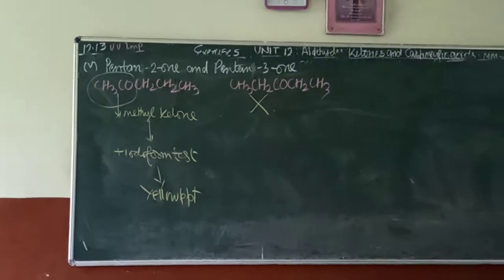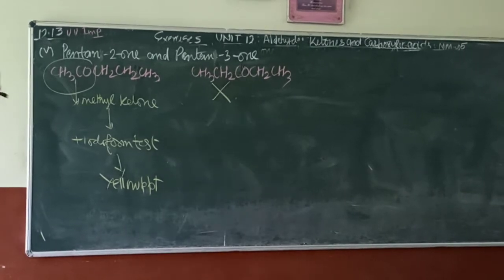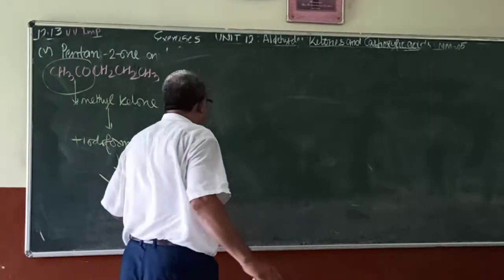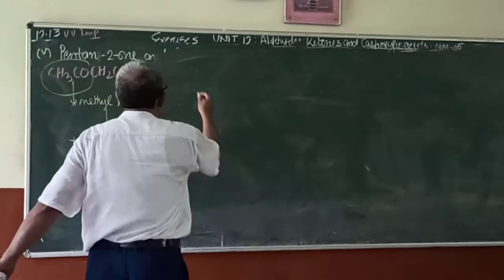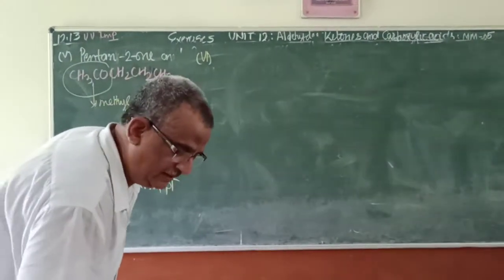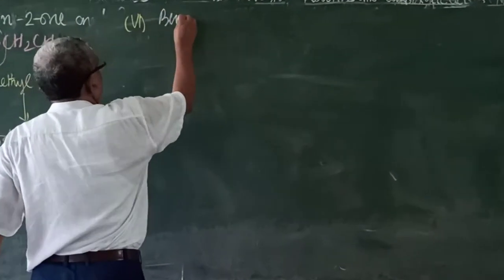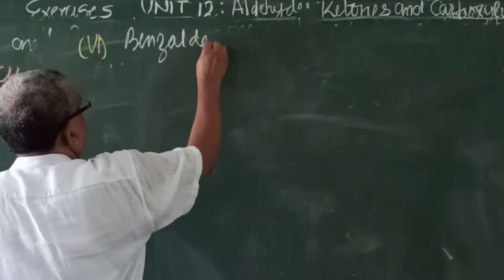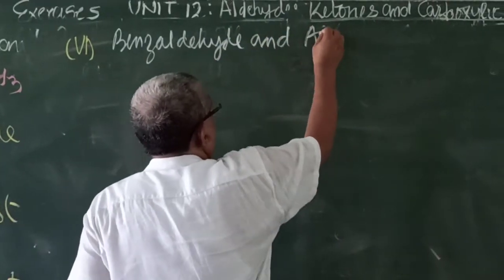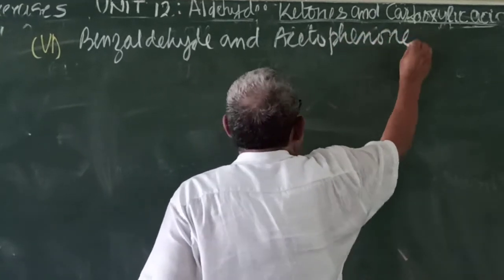Now we have the sixth one. What is the sixth one? Please see here. The sixth one, I am writing on the blackboard. The two compounds are benzaldehyde and acetophenone.